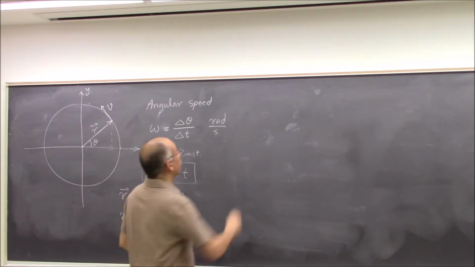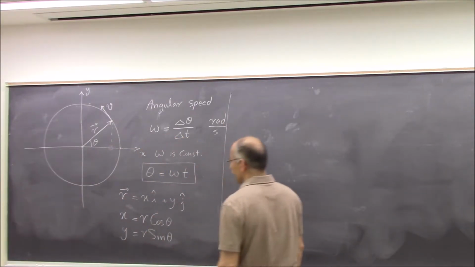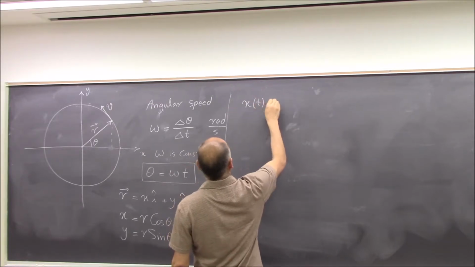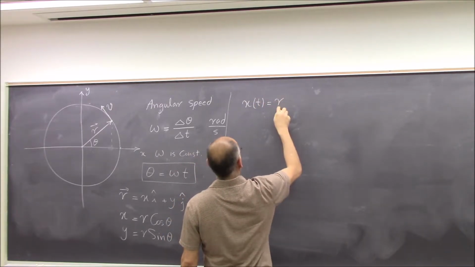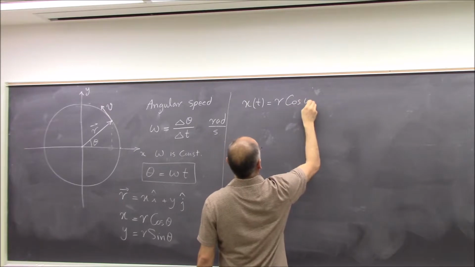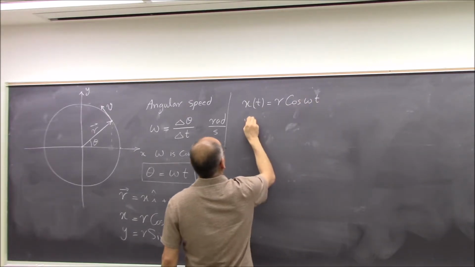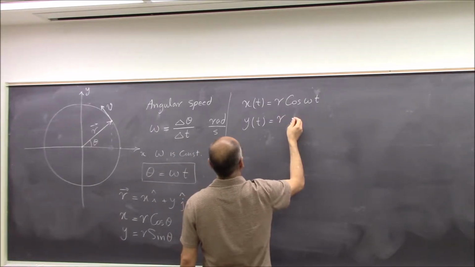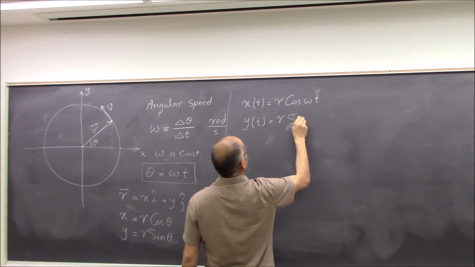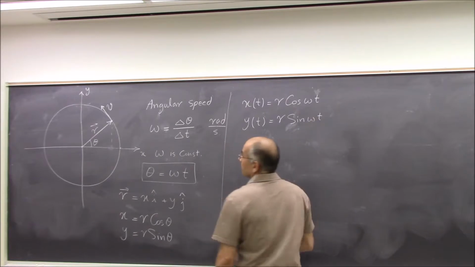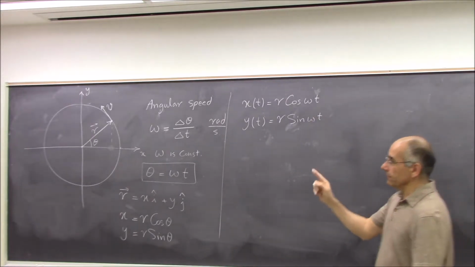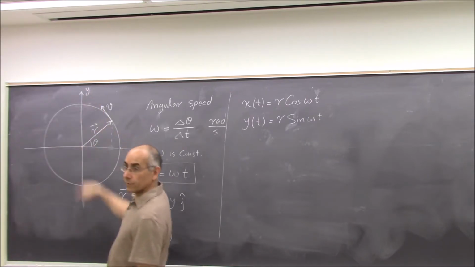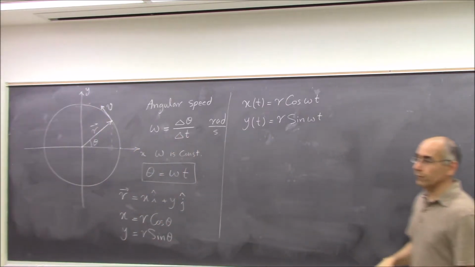Theta changes with time uniformly. That's why we call it uniform circular motion. And x as a function of time is equal to r, this is constant, times cosine of omega t. And y as a function of time is r, which is constant, times sine omega t. So this x and y change, x goes back and forth this way, y goes back and forth that way as the object is moving around the circle.